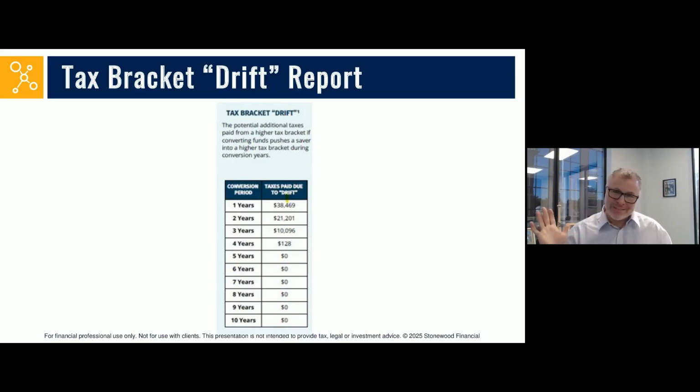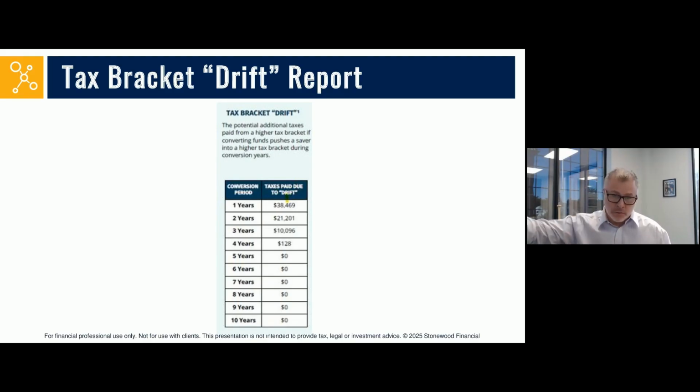Now, forget about exactly what the numbers are on here. I just ran a quick example to see what things would look like. But it kind of tells the story here, where in this case, you're going to have some tax drift in a 1-year conversion, a 2-year conversion, a 3-year conversion, and even a little bit of drift in the 4-year conversion.